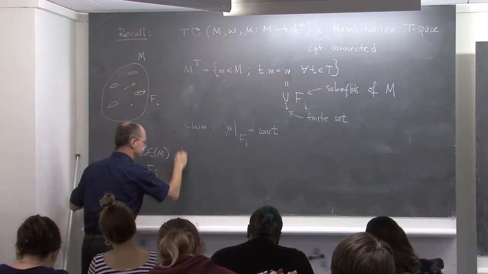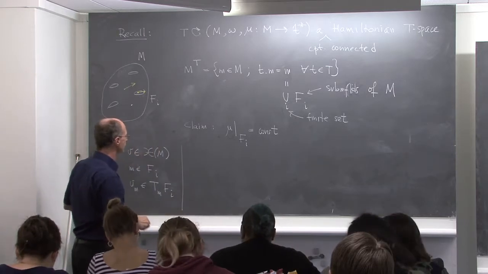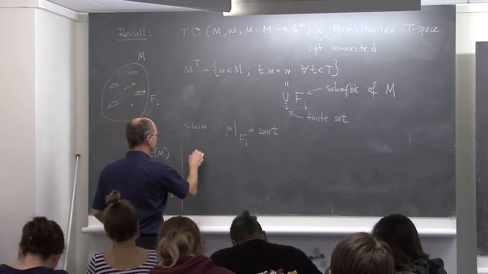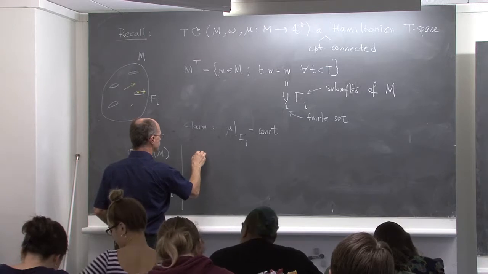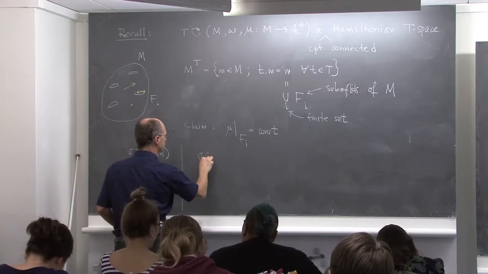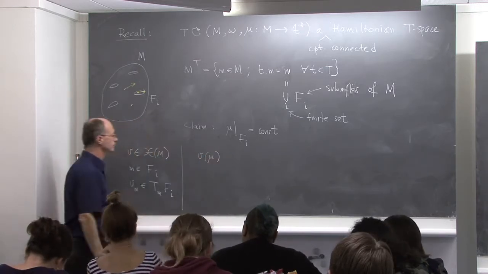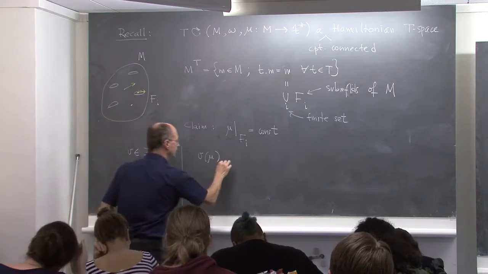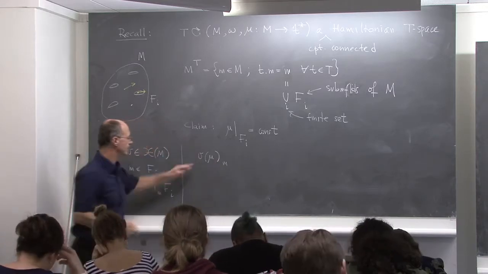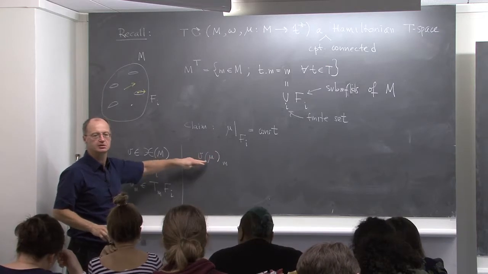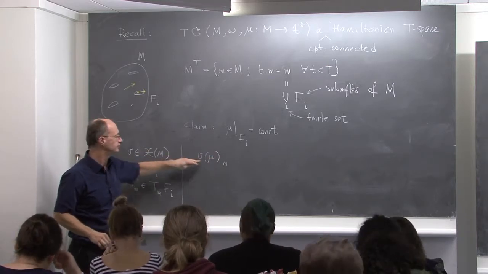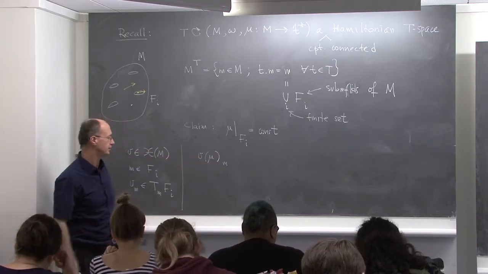So I would like to compute V of mu at the point m. I differentiate the function mu with the vector field V, and I compute the value at the point m.